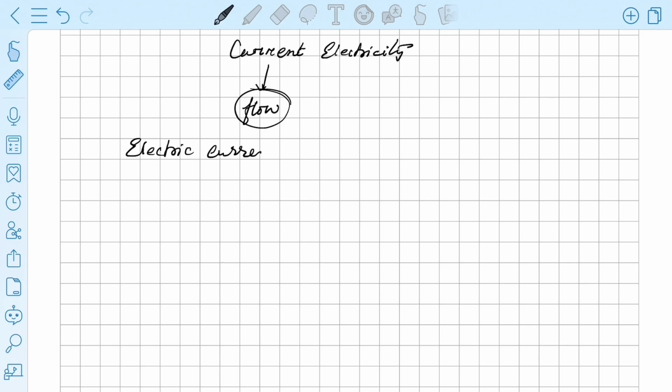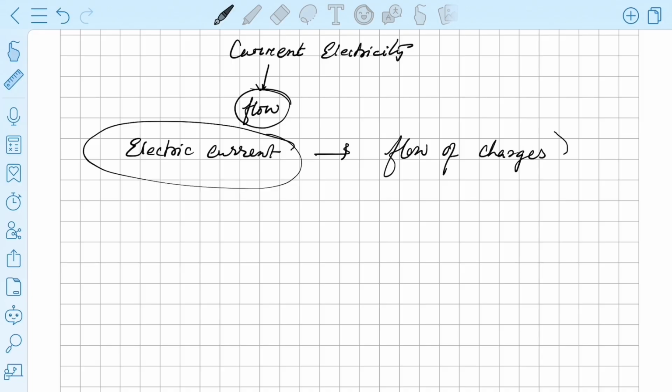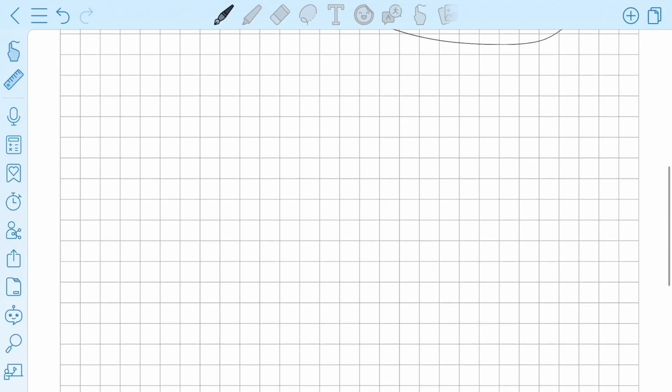So current electricity. What do you mean by current? Current is nothing but flow. And when we say electric current, that means flow of charges. Now suppose we have a conductor. We know metals are good conductors.